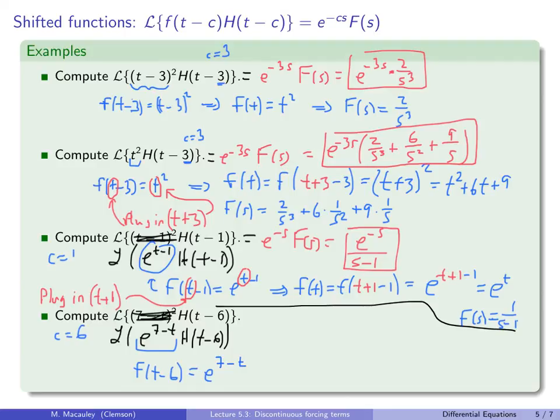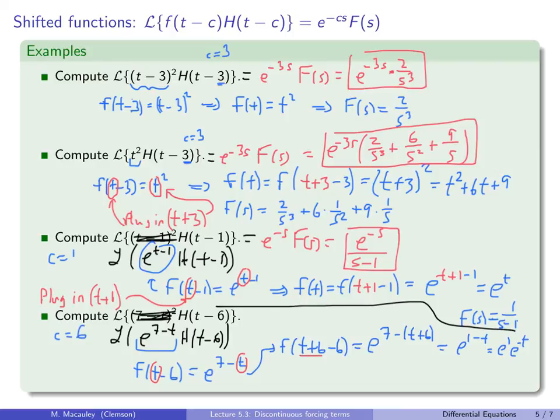So this means that f of t plus 6 minus 6, so we're going to plug in t plus 6 in for t. So that's going to be e to the 7 minus t plus 6, which is e to the 1 minus t. Now I'm going to write this as e to the 1 times e to the minus t.